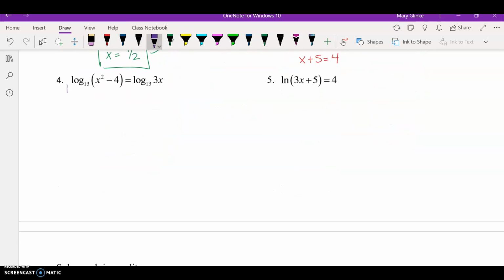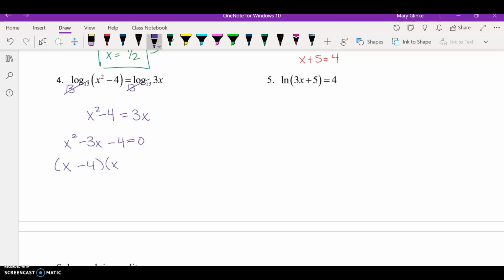So let's try this next one. We're going to take a base of 13 on both sides to undo the log base 13. So we get x squared minus 4 equals 3x. We subtract 3x to the other side. And we solve this one. Luckily, we can factor it.